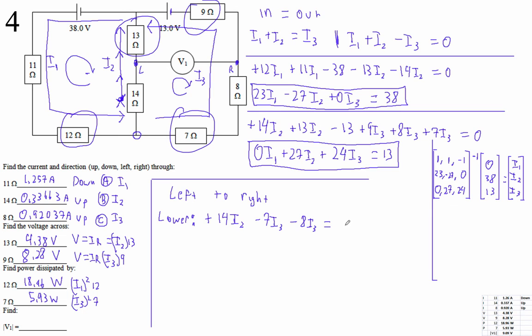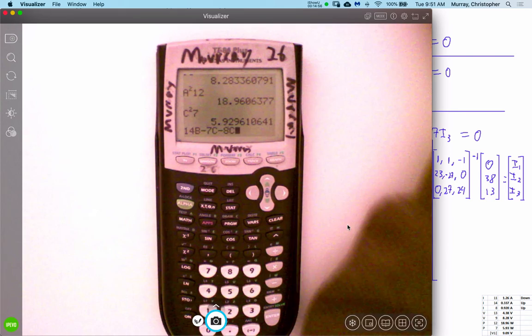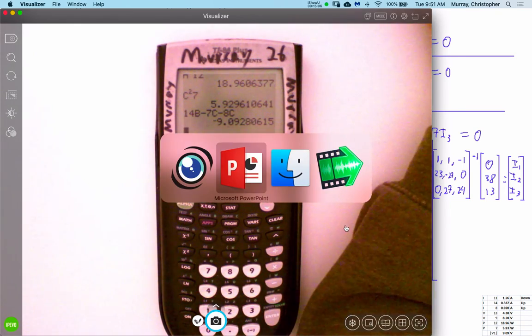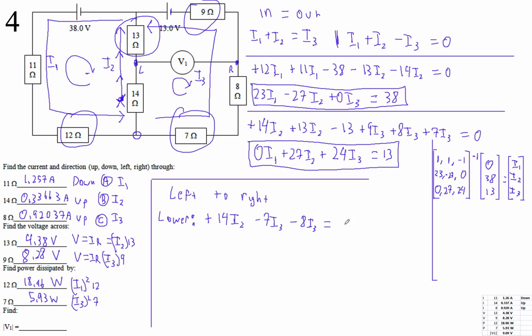So 14 alpha B minus 7 alpha C minus 8 alpha C. And this is negative 9.0928. So that means that this side is more negative and this side's more positive.